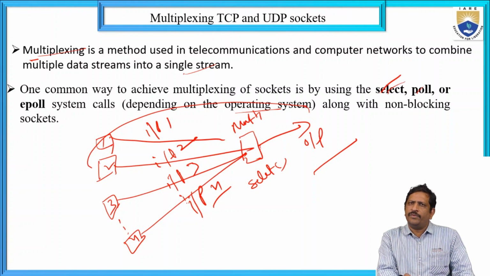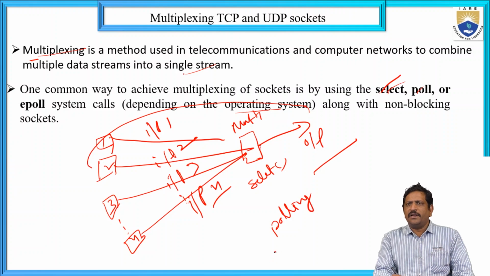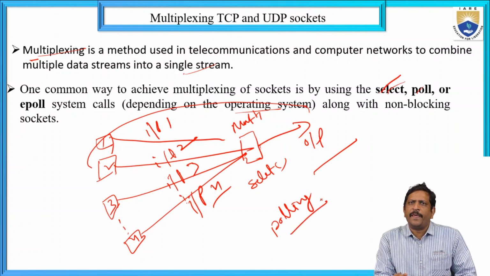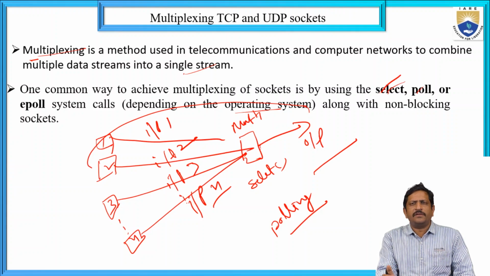With the polling method, we can also achieve multiplexing, and with event polling too. Using polling and event polling system calls, we can establish communication between many devices and a single device, or many devices to many other devices, or one device to another device.